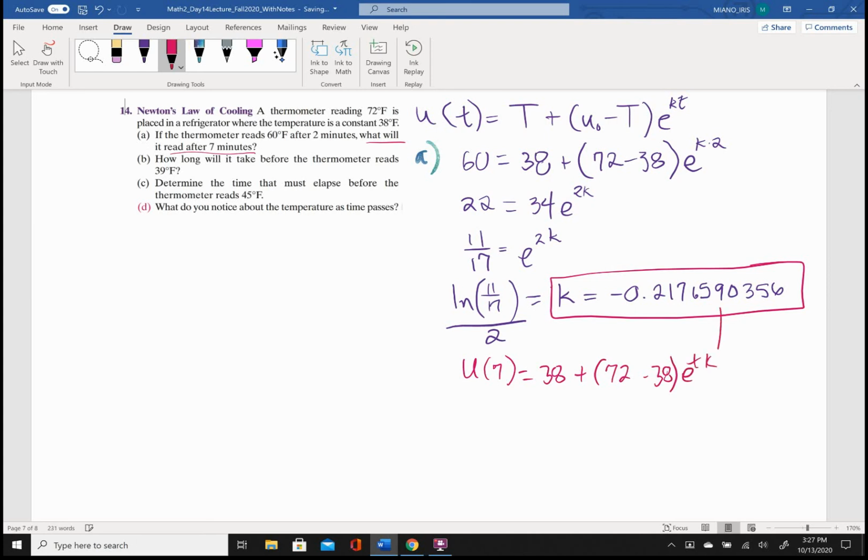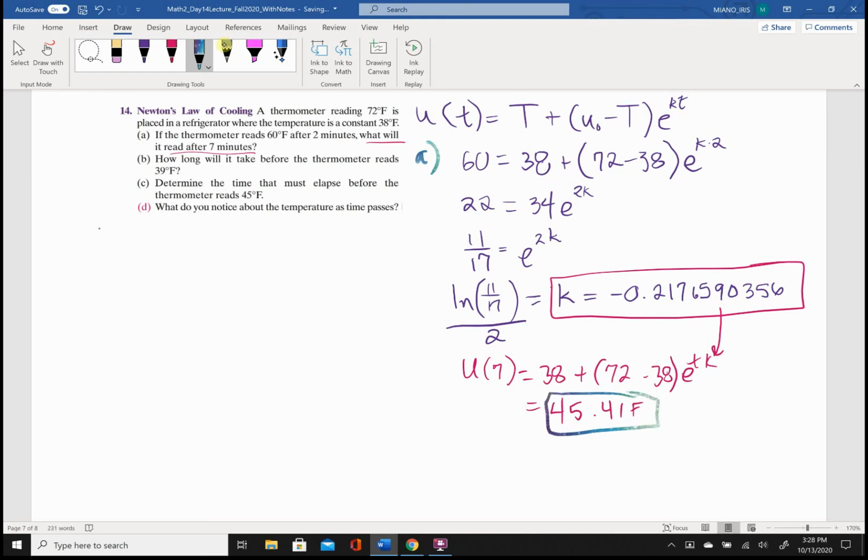And again, I did calculate my k value, but I'm not going to rewrite the whole thing again, so I'll just point to it if that's okay with everybody. And let's go ahead and just press go on our calculator, and we will get, rounded to the nearest hundredth, which is the convention, 45.41 degrees Fahrenheit. So that is the temperature after 7 minutes in the fridge, okay?